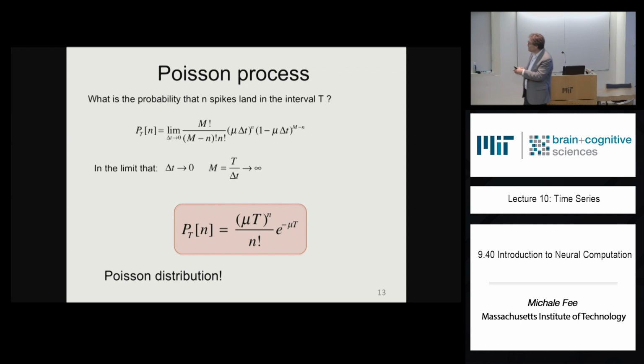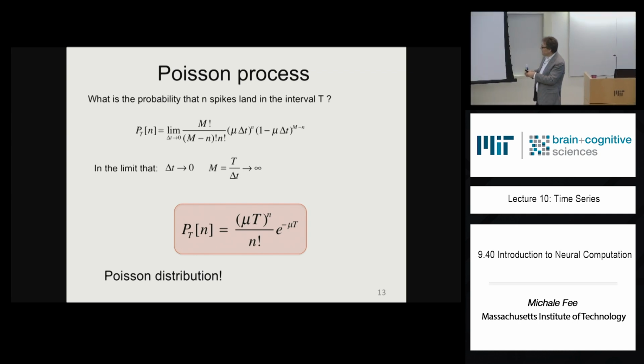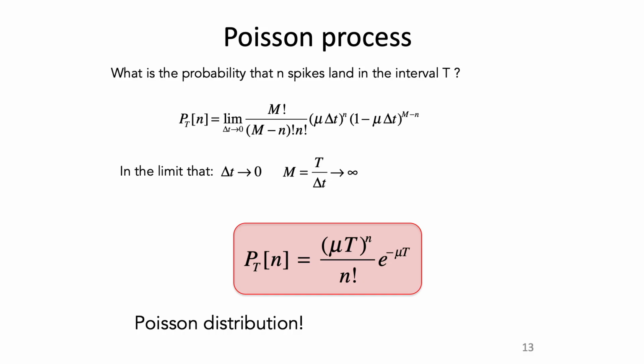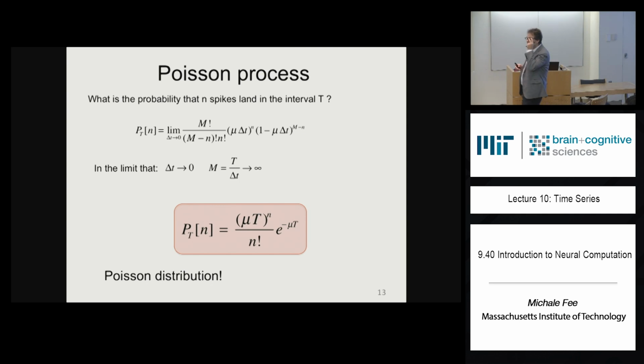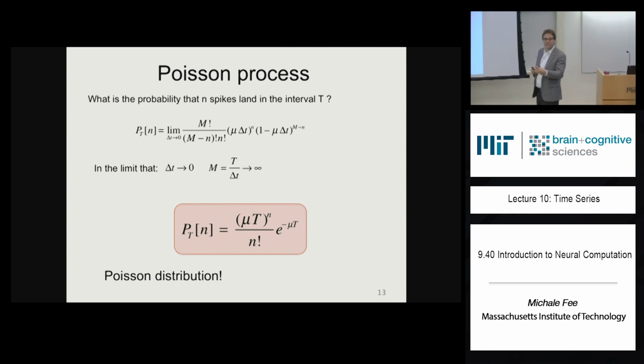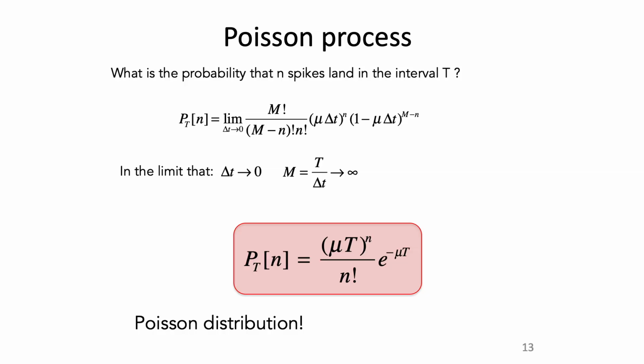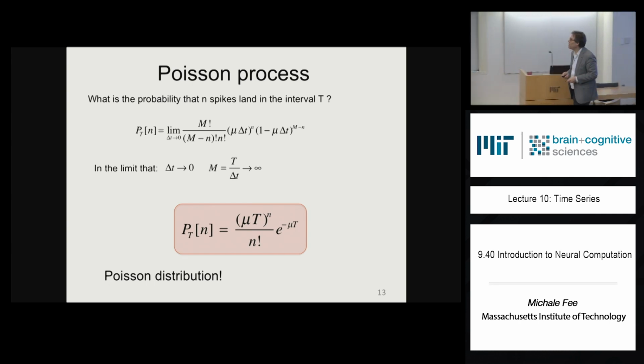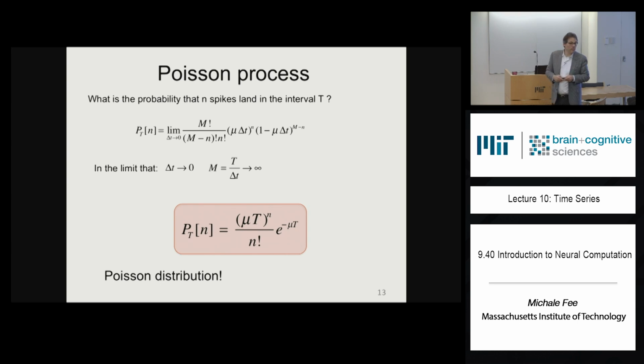And what you find is that the probability of having n spikes in that window t looks like mu t to the n, divided by n factorial, times e to the minus mu t. What is mu t? Mu t is the expected number of spikes in that interval. It's just the number of spikes per unit time times the length of the window. And that is the Poisson distribution.